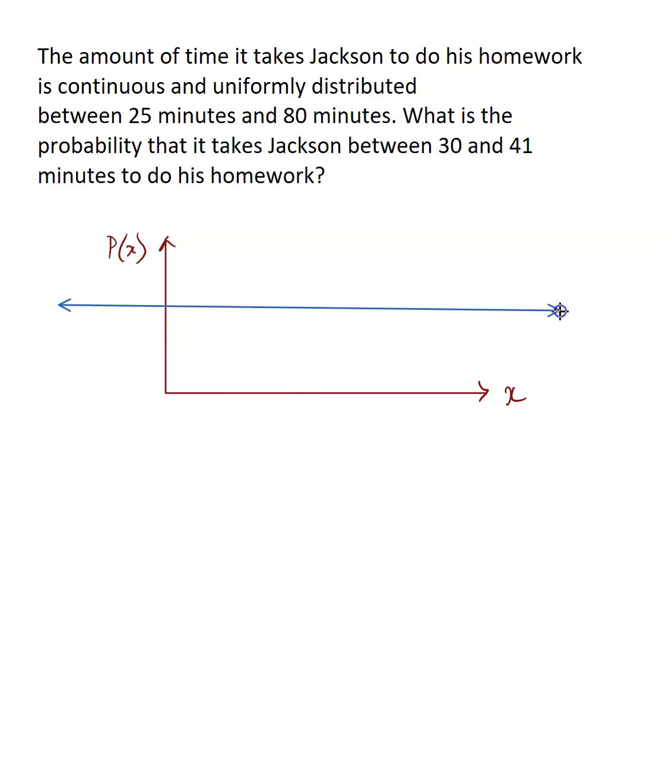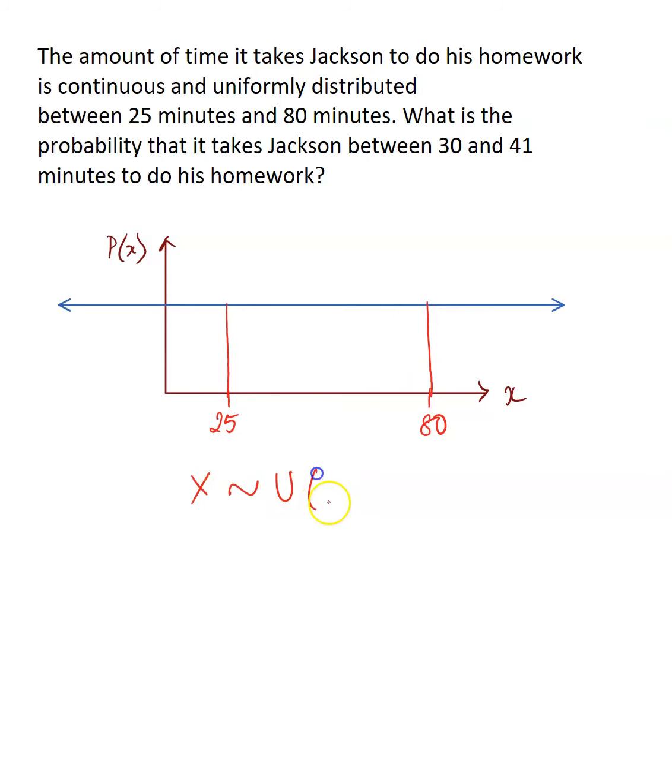Because it's a uniform distribution, I'm already drawing my horizontal line, and I'm going to come over here and mark the starting point. So somewhere here 25 all the way to 80 minutes. So when I write it as a notation, it's uniformly distributed between 25 and 80 minutes. All right.